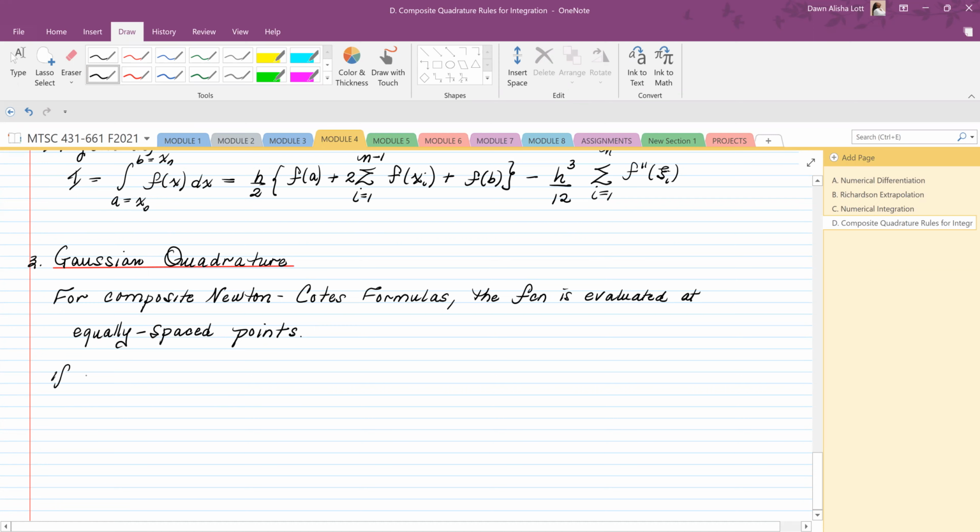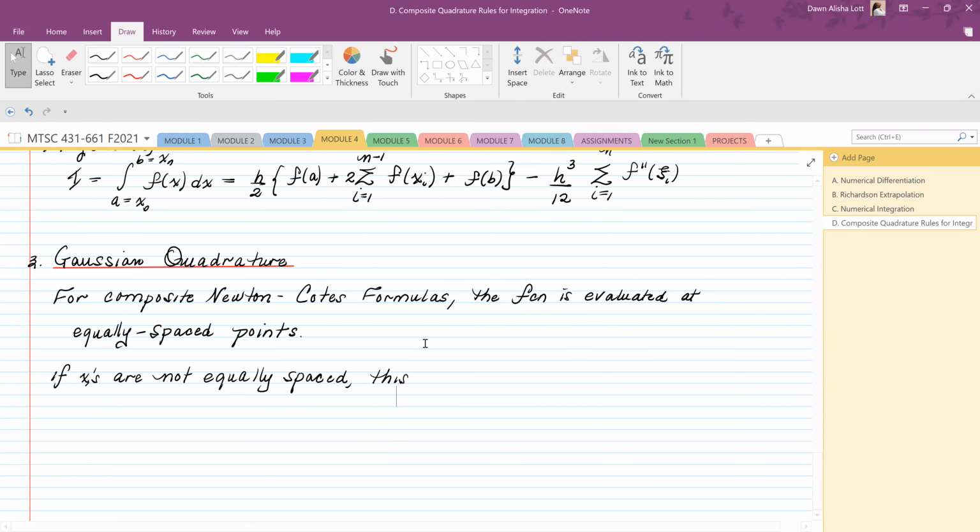If the xi's are equally spaced, okay, I'm sorry.